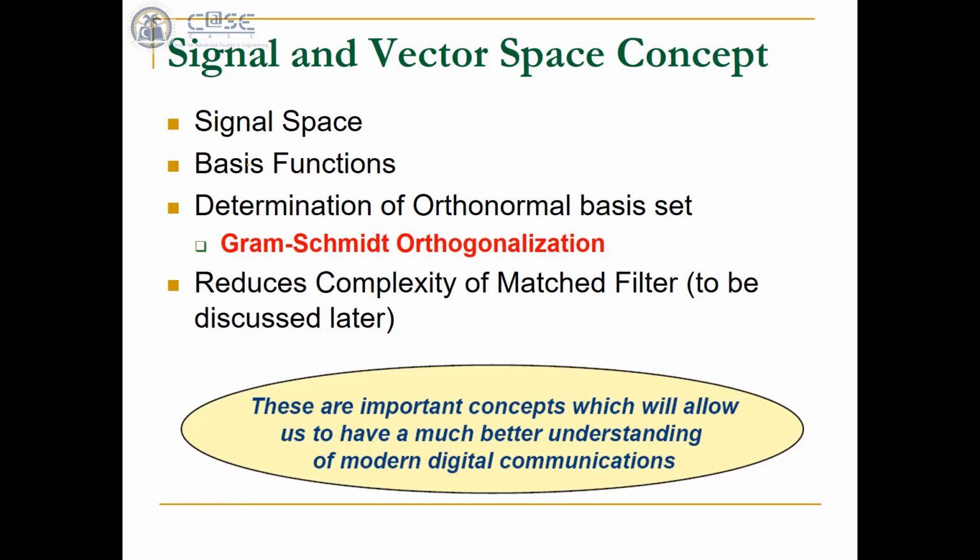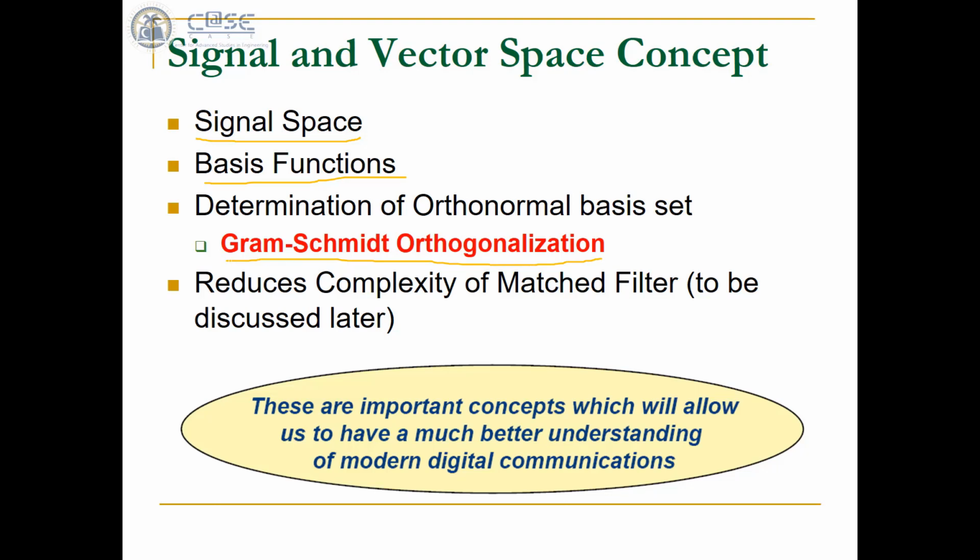Right, so before we start the Gram-Schmidt orthogonalization process that is going to help us determine the basis functions for a given signal set, we need to recall the signal space and the properties associated with the basis functions. Then we will move on to the Gram-Schmidt orthogonalization process.